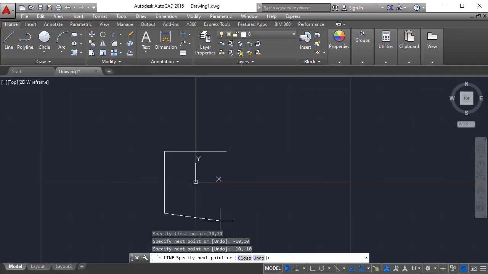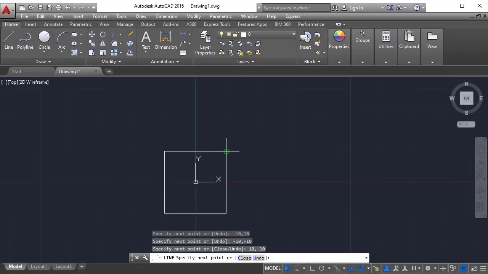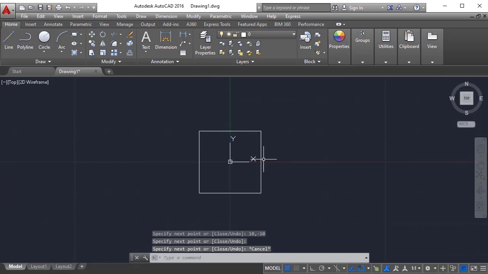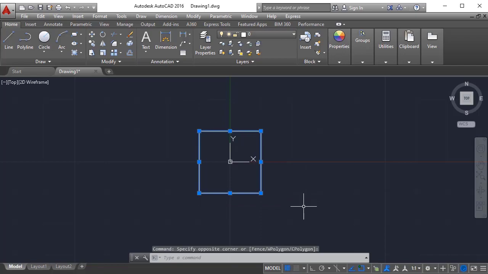If I want to go in this direction, it's a positive x and negative y, so 10, minus 10. So it has gone here. Again you can snap it here, escape. I have constructed a square of 20 by 20, but the points I specified are located 10 units with respect to 0, from positive 10 to negative 10 in all directions. So make sure you follow this rule in the absolute coordinate system.